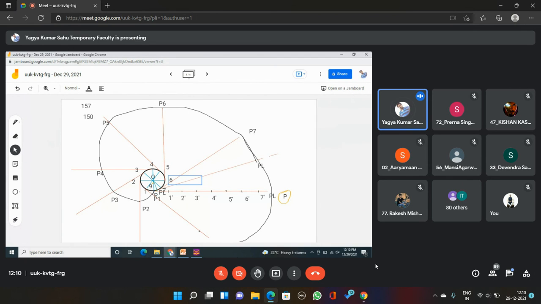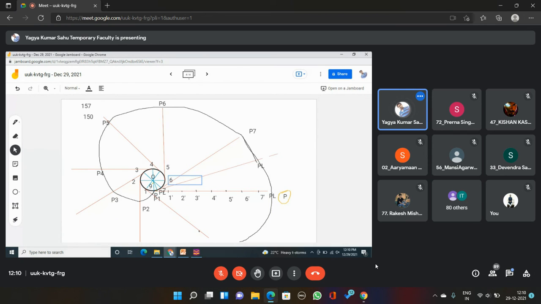Can you draw this involute when the length of the string is more than or less than the circumferential length? You can draw an involute for any type of shape, whether it is a polygon, a combination of polygon and circle, or a combination of polygon and semicircle. You can draw the involute of any type of curve.